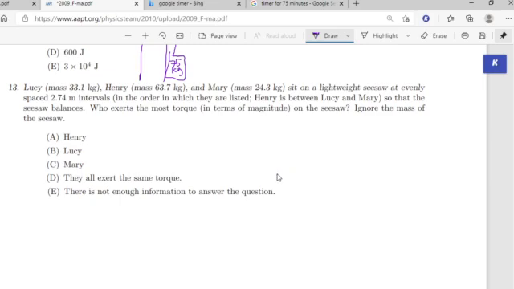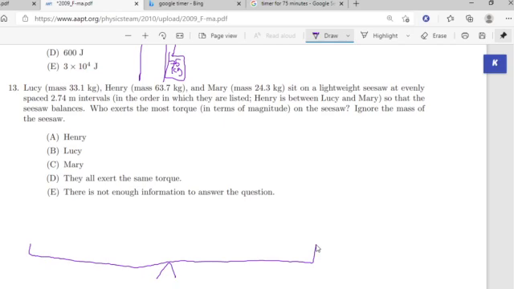So that seesaw balances. Okay, let's draw it out. So we have some seesaw, and they're evenly spaced.